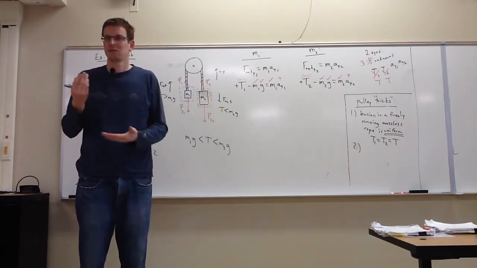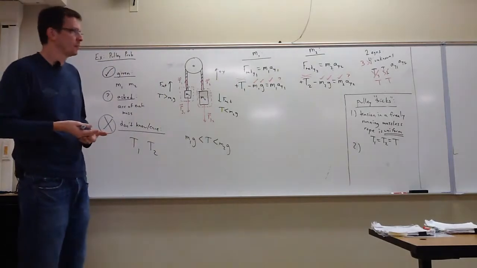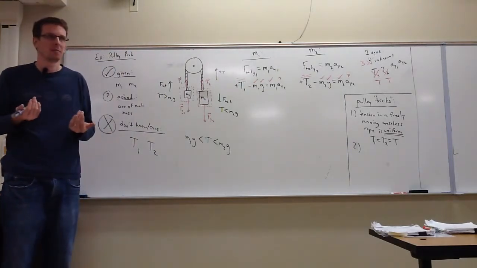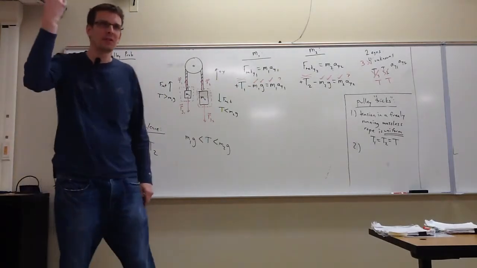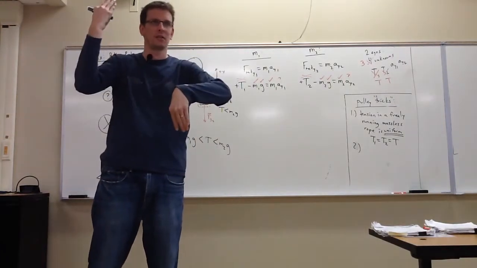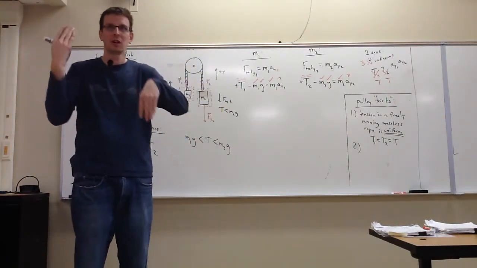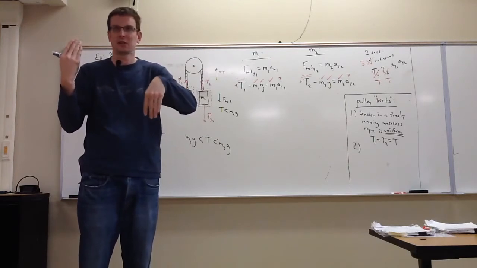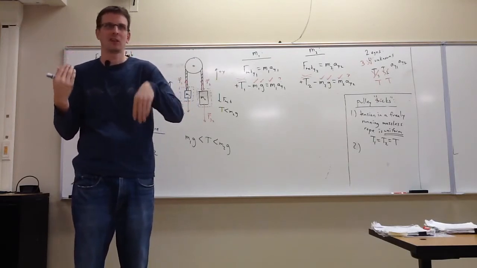Now, of course, displacement and velocity don't appear in my equation, but acceleration does. So if one is accelerating upwards a certain way, the other one's accelerating down at the same rate. If they weren't, then the rope between them would be getting shorter or longer, and that doesn't make sense. They're attached.